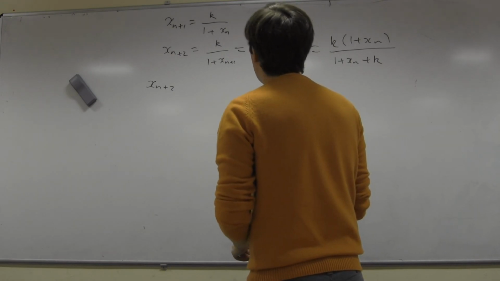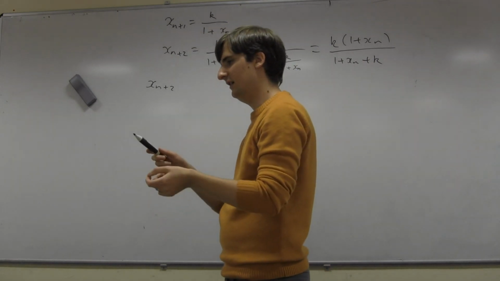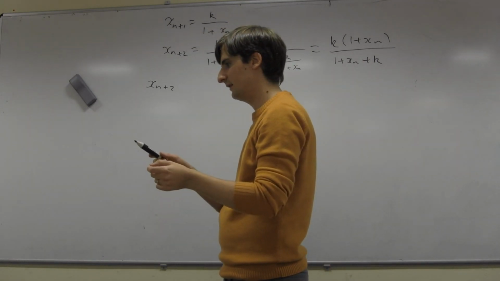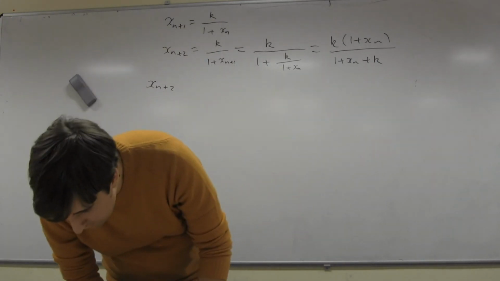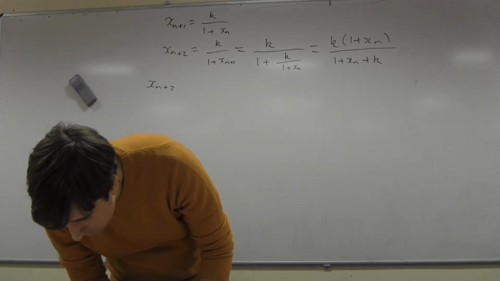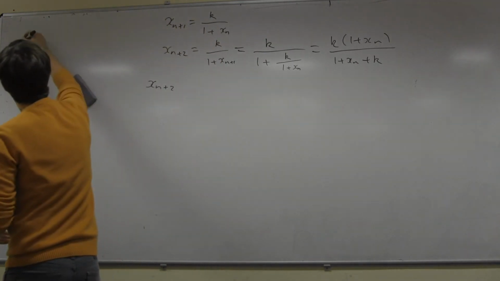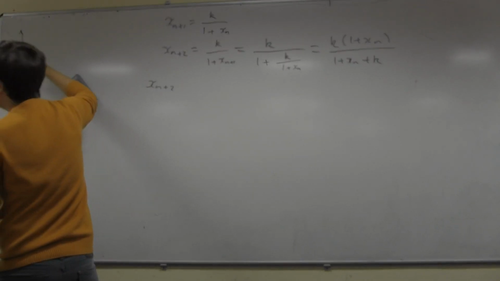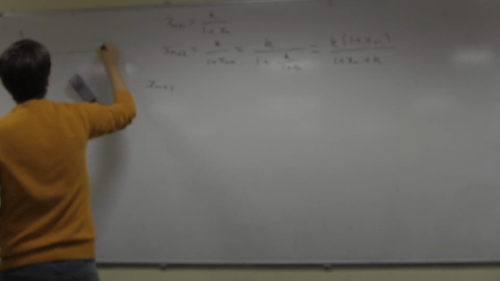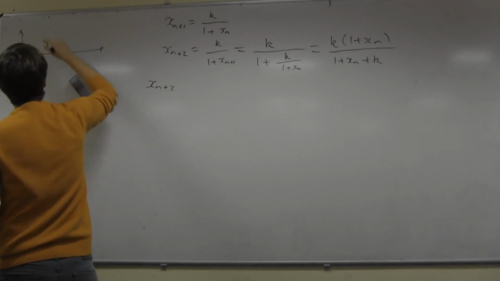So the question says to prove that both sequences converge to the limit L. What we know is that the odd is decreasing and the even is increasing, and they're both converging to some limit.